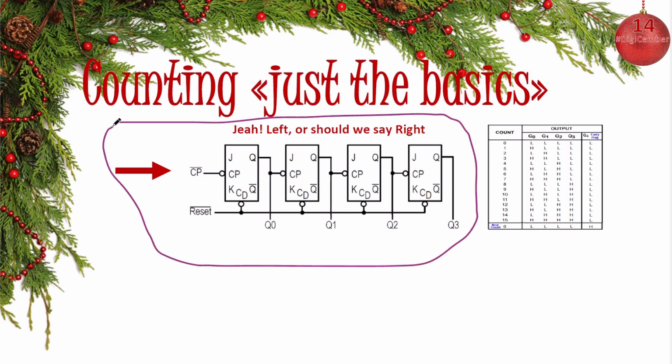They are drawn from left to right, and the truth table should then be turned so that you have the least significant bit over here to the left. But normally when we are counting, we put the least significant bit on the right. So this can offer some confusion, and you need to take that into consideration.